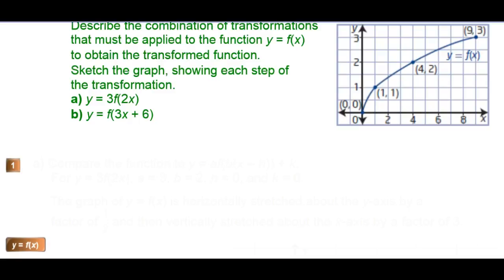And what's going to happen to our x's is we're going to divide them by 3 first. So 0 divided by 3 is 0. 1 divided by 3 is a third. 4 divided by 3 is 4 thirds. And 9 divided by 3 is 3. Okay, so we're not quite done yet because we still have to add or subtract 2 off of all of that. Okay, so I'd make my next table.